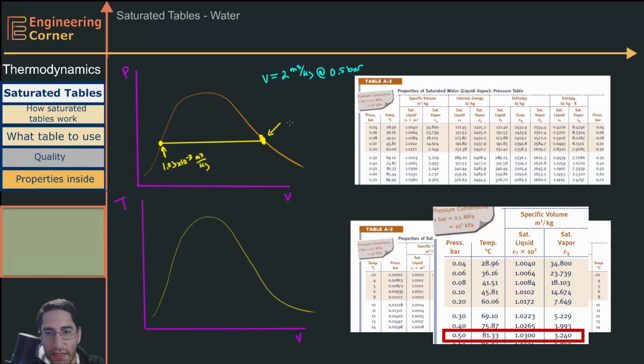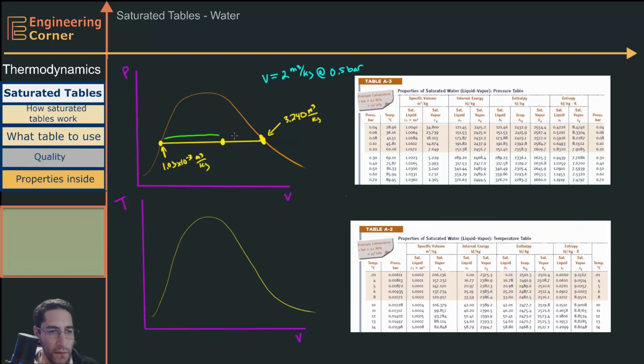And we know that this is going to be 3.24 meters cubed per kilogram. We know that 2 is between here, but we want to figure out how far over it is. And if we can figure out how far over it is, then we can use that piece of information to determine any other property we want.